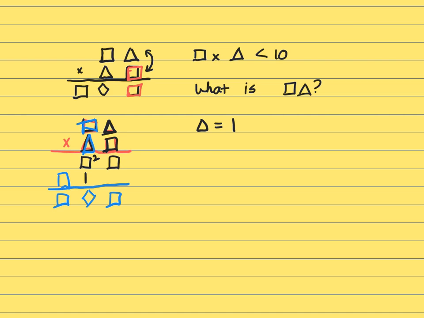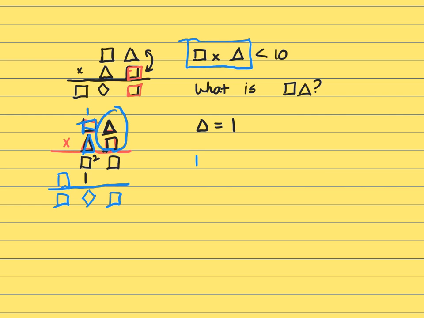And the reason they told us this piece of information: square times triangle has to be less than 10, and that's to keep from carrying over a remainder.